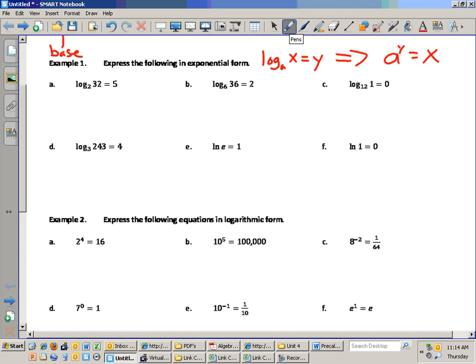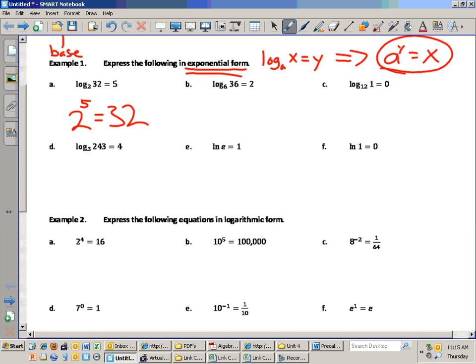So I want to write this in exponential form, which would be the second piece right here. What is the base in this problem? 2. What's the exponent? 5 equals 32. Is that true? Yep. 2 to the 5th power is 32.